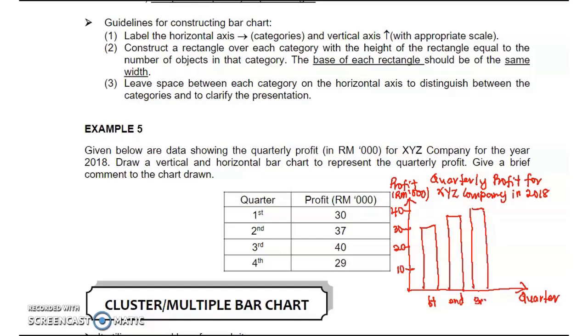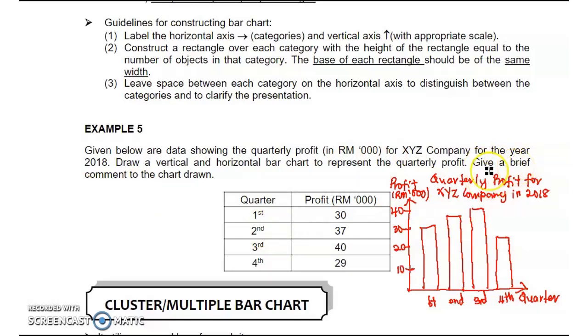So the third quarter, and the last one, 29. Let's say around here. Make sure the space between each bar and the width of each bar is the same. So the fourth quarter. So this is a vertical bar chart. If you want to draw a horizontal bar chart, then you just change the axis.